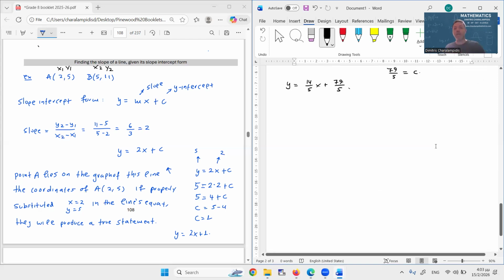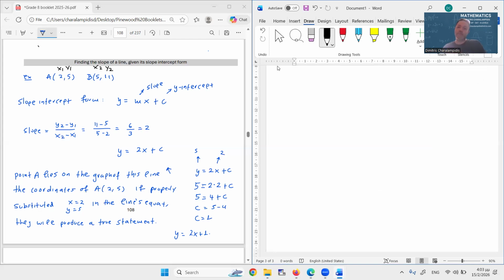Let's do another example. Still for practice, I want you to see how safe it is for you to follow this specific methodology. Let's try to make things a bit harder. B is 2, -5.